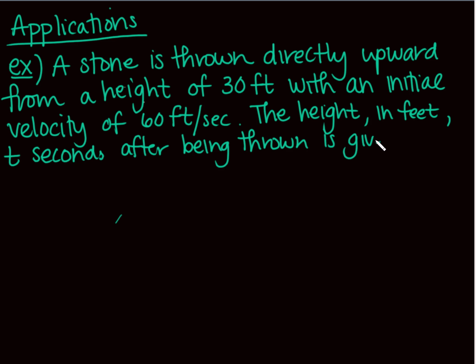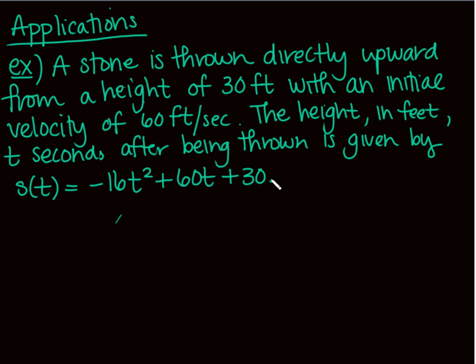Oh my goodness, so much writing. S a lot of times in physics is for displacement, or we could have used h too. s of t equals negative 16t squared plus 60t plus 30, okay?